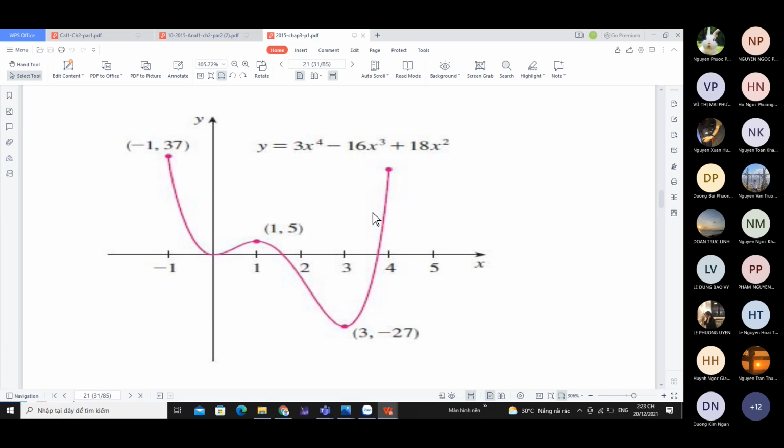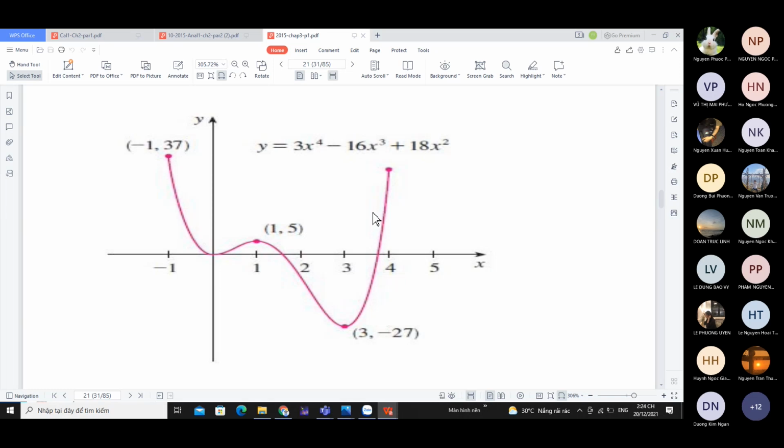So f of 1 equal 5 is a local maximum of f. When x is close to 1, the point 1, 5 gives you the highest point on the graph of f, when x is close to 1 only.